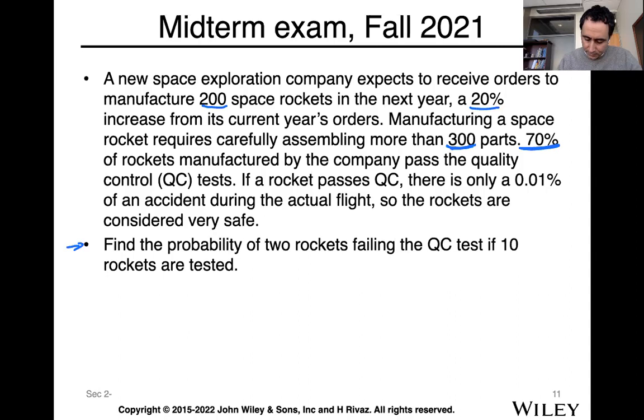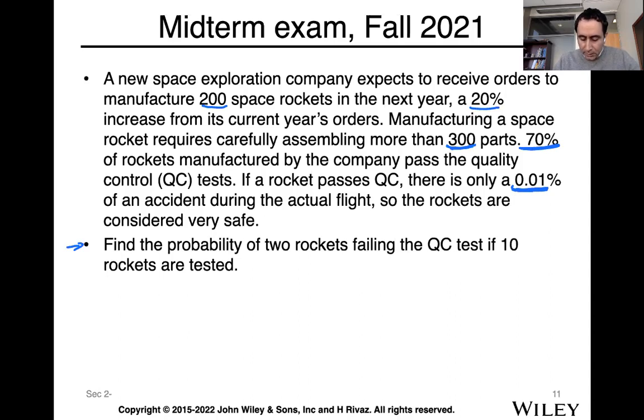If a rocket passes QC, there is a small chance of an accident, 0.1%. Rockets are safe. Find the probability of 2 rockets failing QC if 10 rockets are tested.